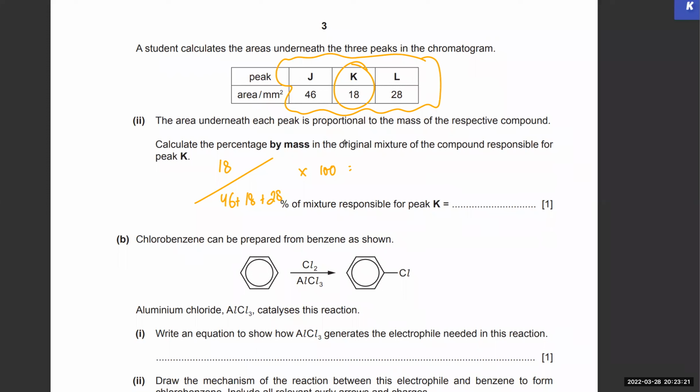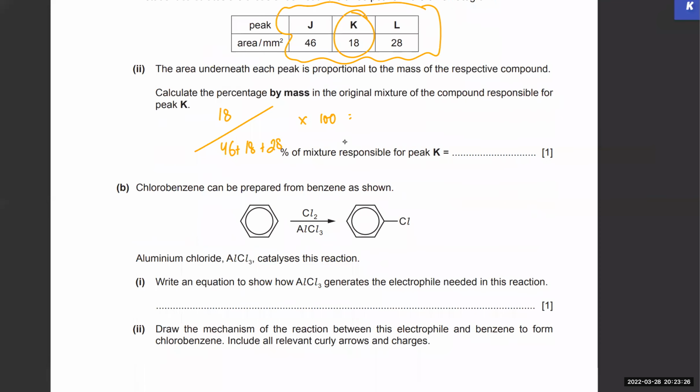Does anyone have a calculator? Munir, what are you getting for this? 19.56 percent. That's the amount of K.